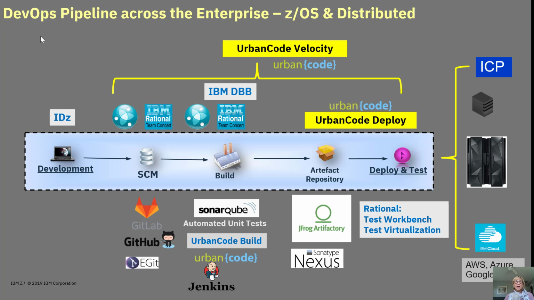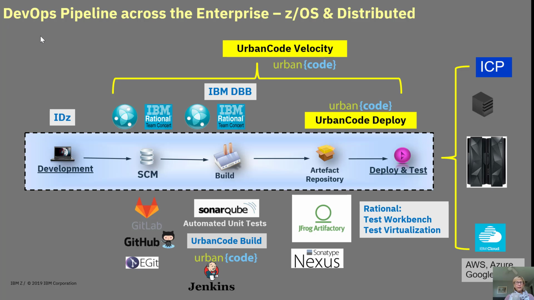This is a view of a DevOps pipeline that shows left to right where a software development change is made there by the development team. It's then stored in a software control management system. And then it gets built, and that build package is put in an artifact repository.